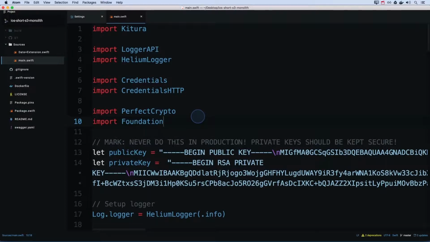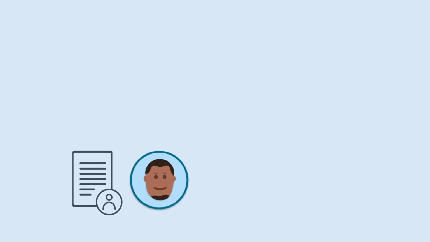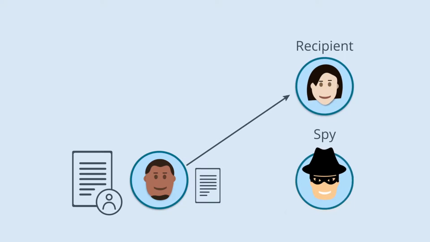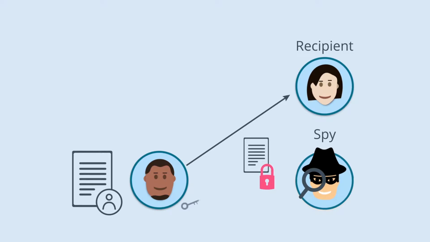If you're not familiar with public key cryptography, then here's a quick overview which we'll talk about more deeply later on. You start with some message or data that you want to send, and you want to ensure that if the message is intercepted by someone with malicious intent, that it cannot be understood. So, you encrypt the message using a secure private key, converting it into what is known as ciphertext.